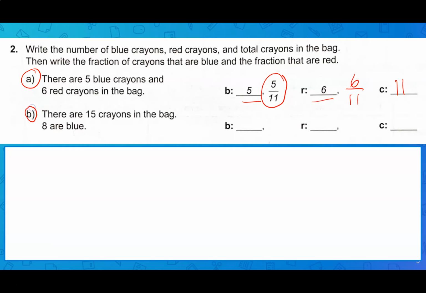Please try part B, but note that it says there are 15 crayons in the bag. 8 are blue. So we know that there are 8 blue crayons, and we know the total is 15. Your job is to find the number of red crayons, and then also represent blue and red with a fraction.